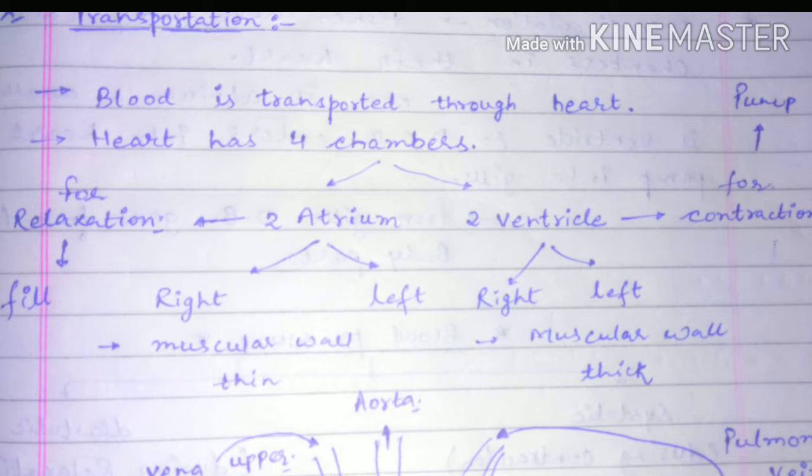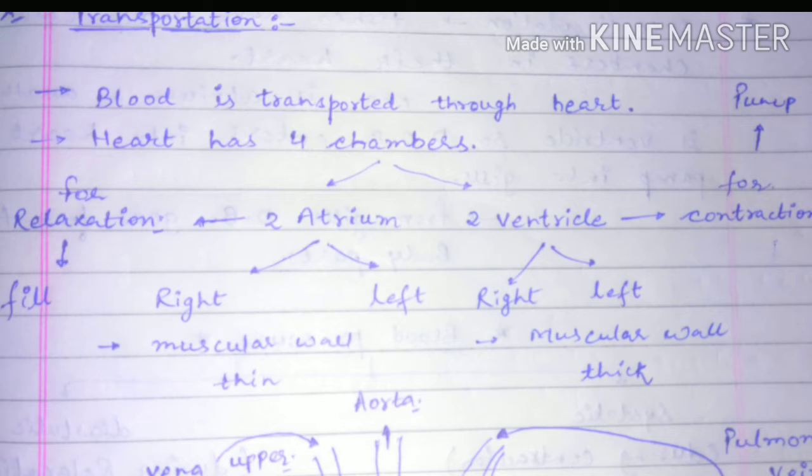The atrium has two parts, the right atrium and the left atrium, and the ventricle has two parts, the right and left ventricle. Now we will see the structure of the atrium.